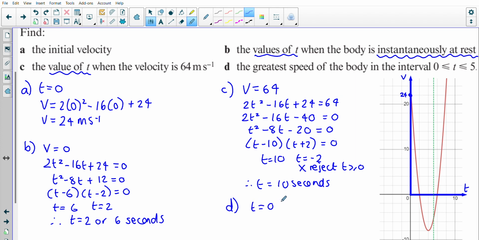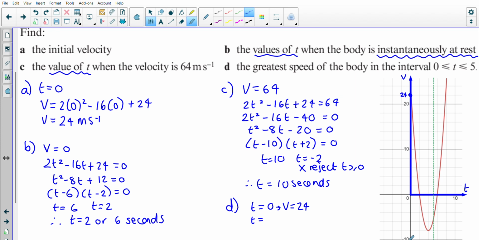So when t is 0, v is 24. Do a little arrow. Now I'll do t is 4 because that would be the minimum point there. I can see that's not going to produce a greatest speed because it's not minus 10.